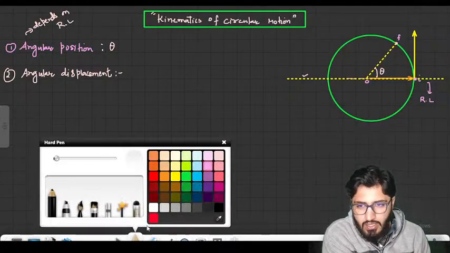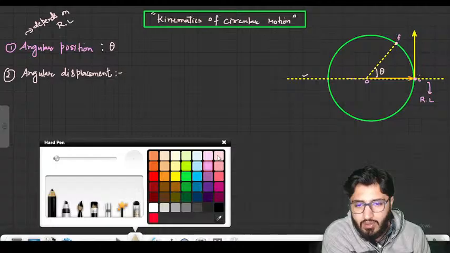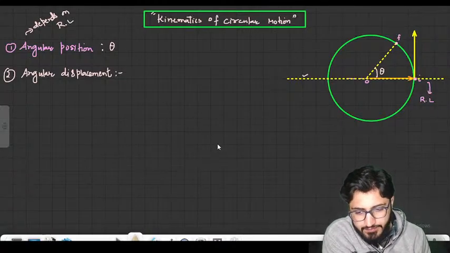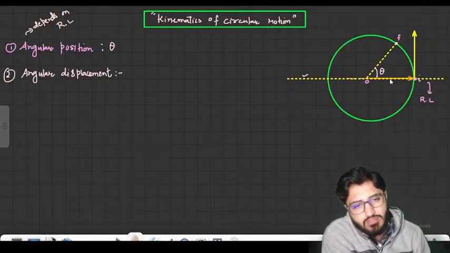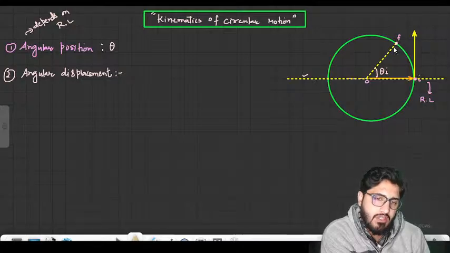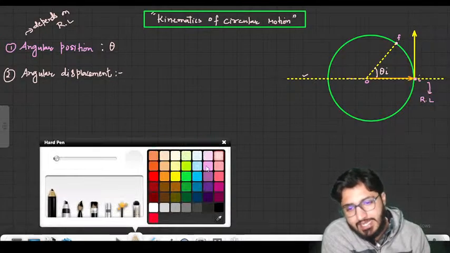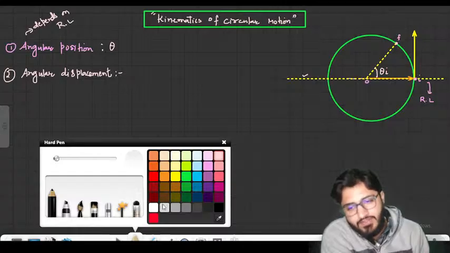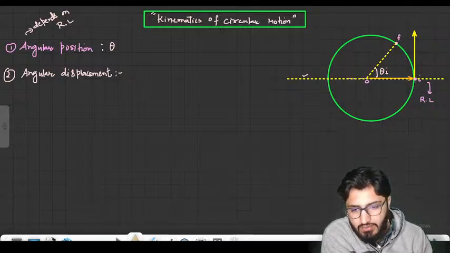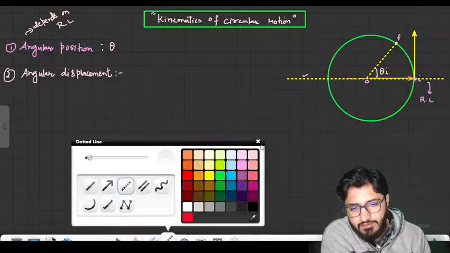Now we are discussing the angular displacement. Suppose my particle is here. The particle goes from this reference line to a final position theta 1. And the second time, the particle goes in such a way that it is now at a different angle.